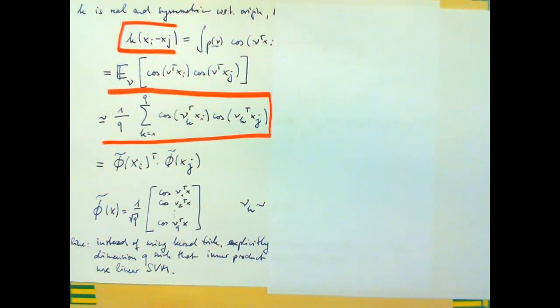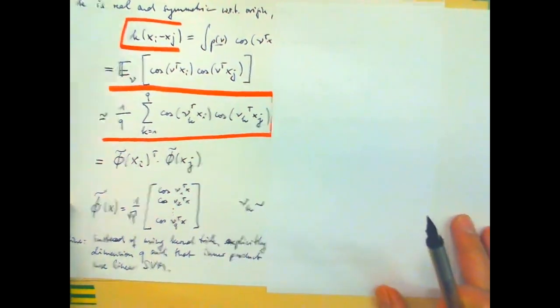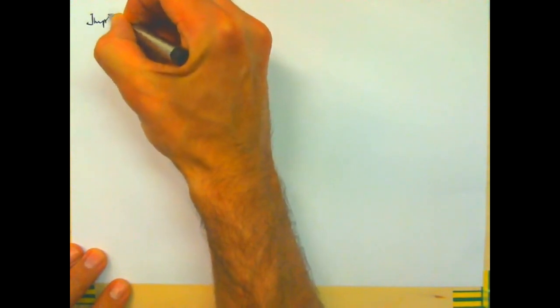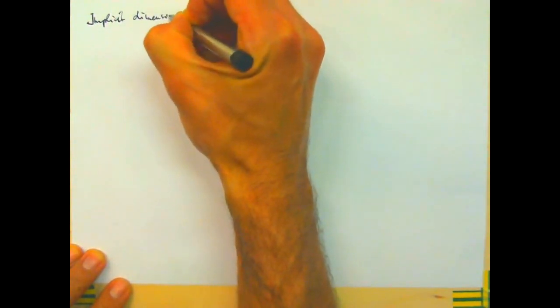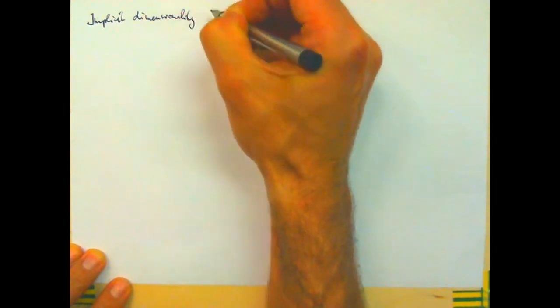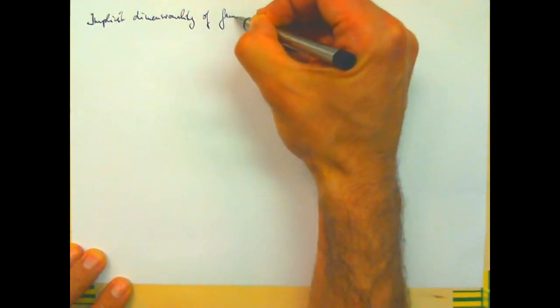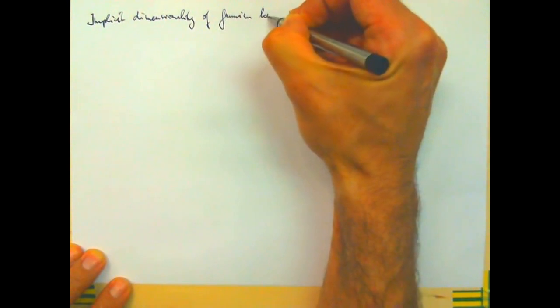So let's come to this statement about the implicit dimensionality of the Gaussian kernel. What the textbooks say is that you map implicitly to a space of up to an infinite number of dimensions.